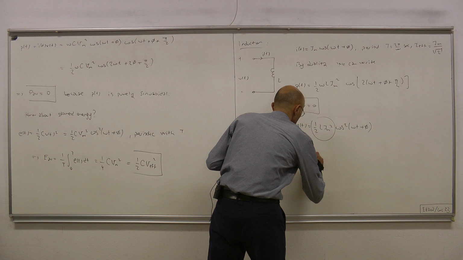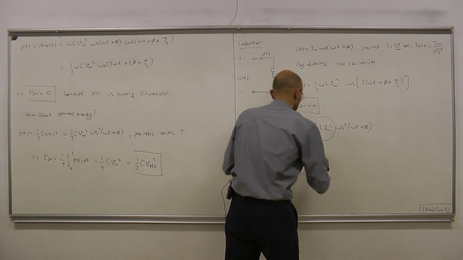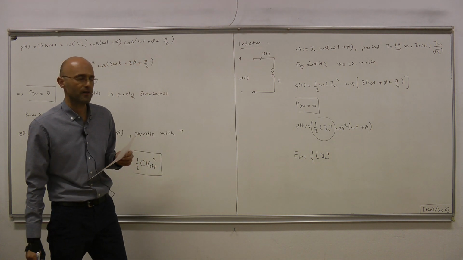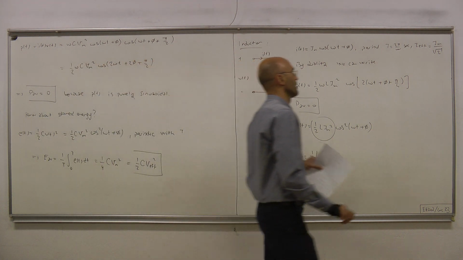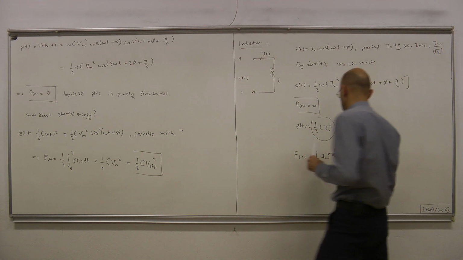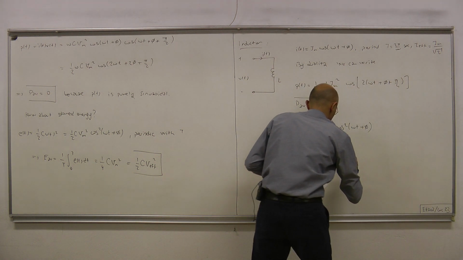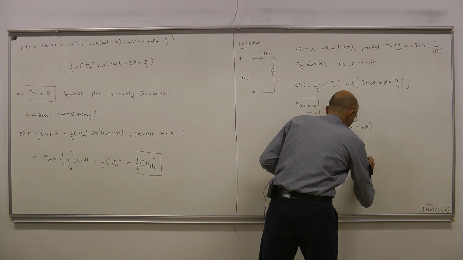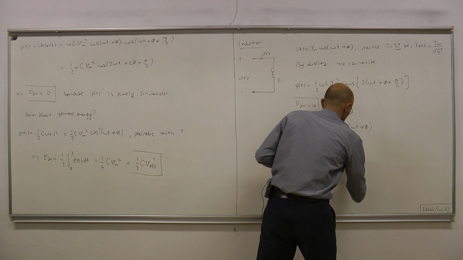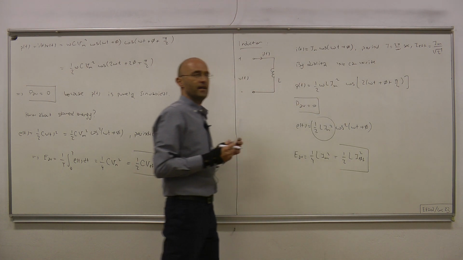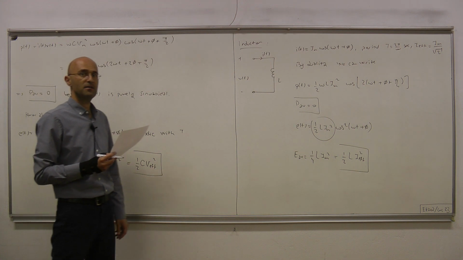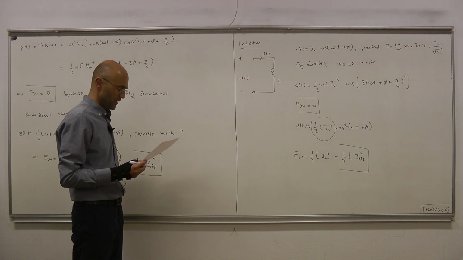E average equals 1 over 4 L, then you square the magnitude of the current. And in terms of the effective current of the inductor, this can be written as 1/2 L I effective, or I RMS, squared. So that's the average stored energy in an inductor that belongs to a circuit in sinusoidal steady state.